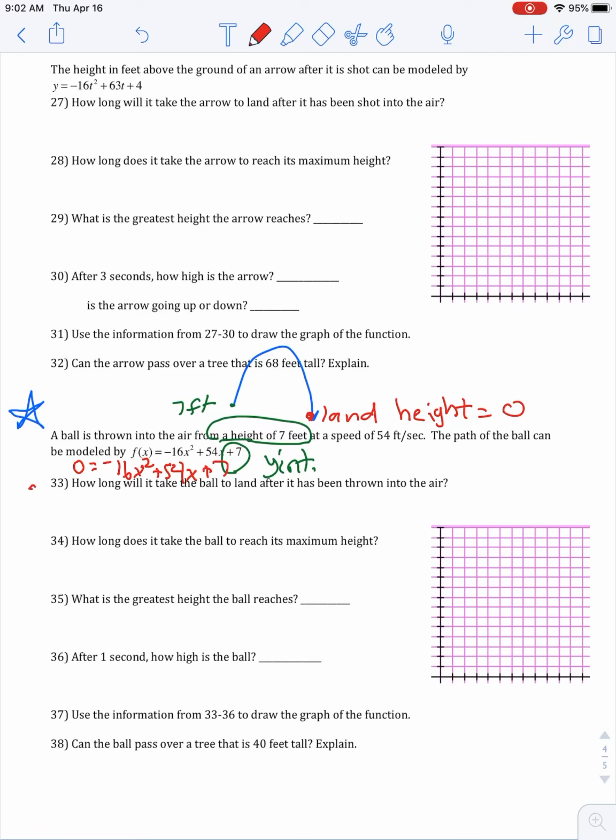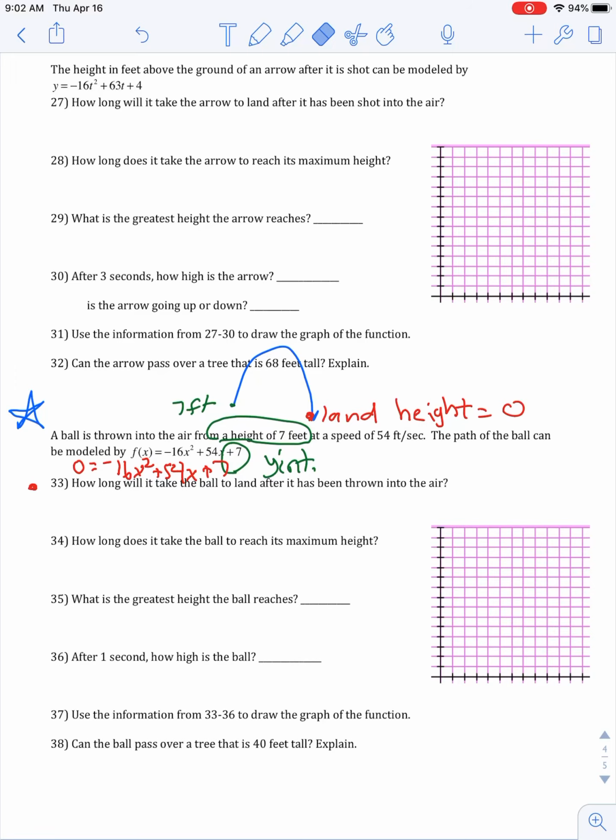That's what we'll do to find how long it's in the air. That's really our x-intercepts. That's where our parabola would be crossing, or in this case, hitting the x-axis. I'm not going to start the graph yet because I'm going to need to know what kind of numbers I have to graph in order to label the scale.